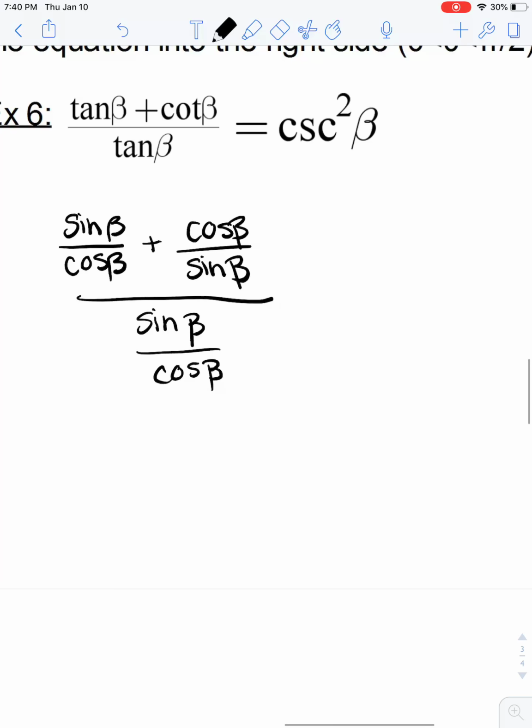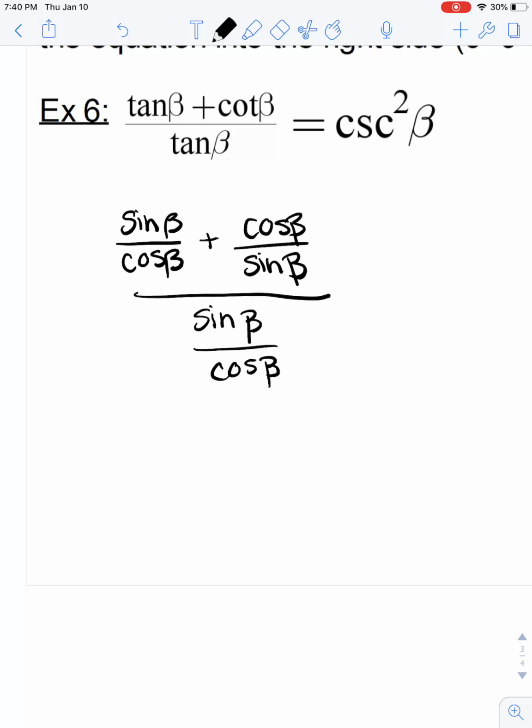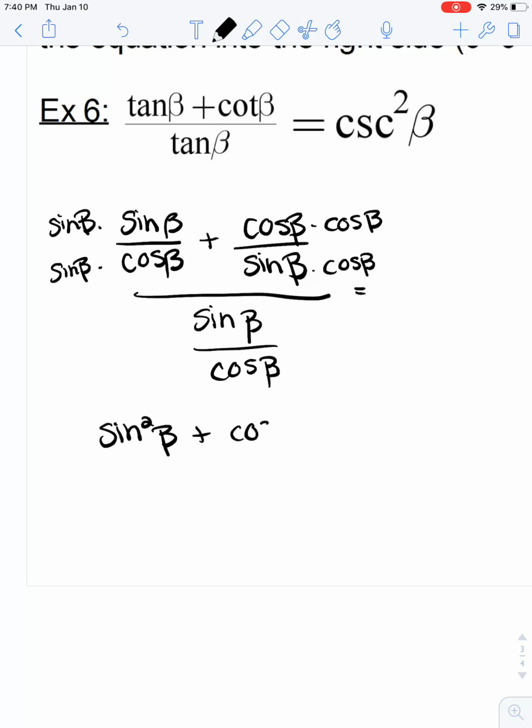All right, so things need to get simplified. So let's try and get one fraction in the numerator. I'm going to multiply to get the common denominator, this by sine beta, and this by cosine beta. So now this numerator will become sine squared beta plus cosine squared beta over that denominator.